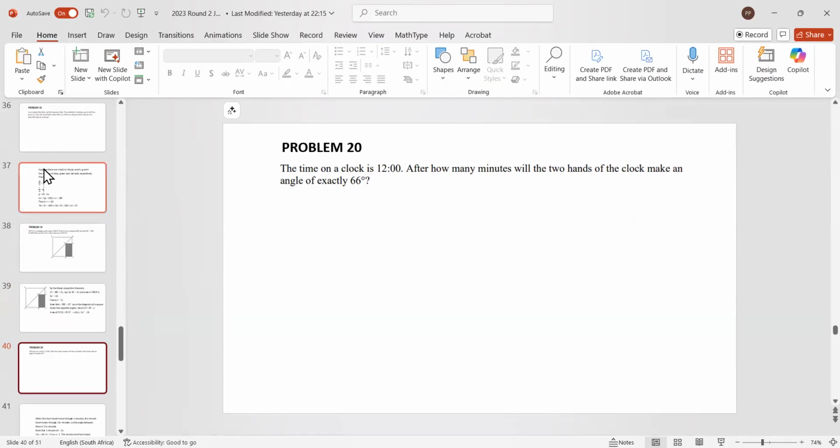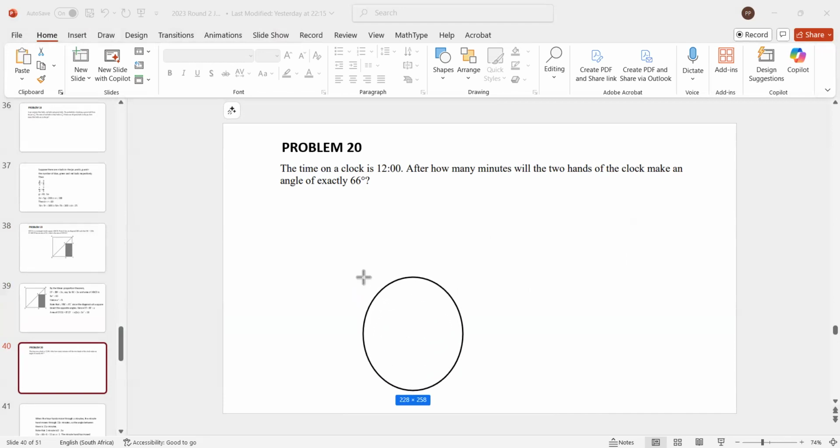Yeah, the time on a clock gets more and more difficult as it goes along. The time on a clock is 12. So let's just draw this clock. I still haven't learned how to move.